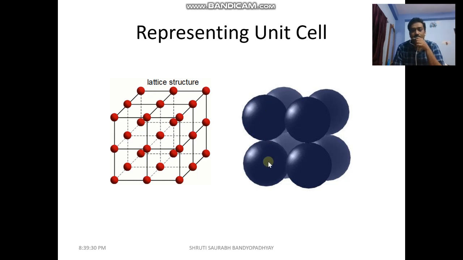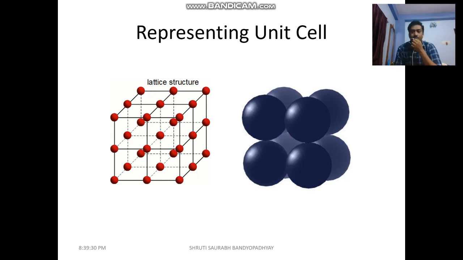So the total volume of particles per unit cell will be 4/3 pi r cube. But the total volume of the unit cell is not occupied by the spherical particles. You see, there are empty spaces inside the simple cubic structure.